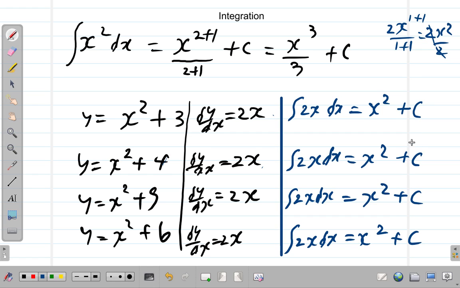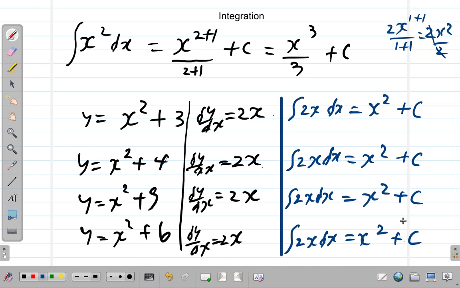That gives us some idea, right? Why we put the c? In this case, the c was 3. In this case, the c was 4. In this case, the c was 5. In this case, the c was 6. It's just that you aren't given enough information yet to know what exactly x squared was added to. So you put x squared plus c.